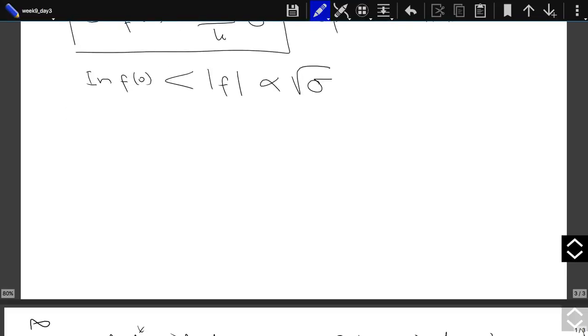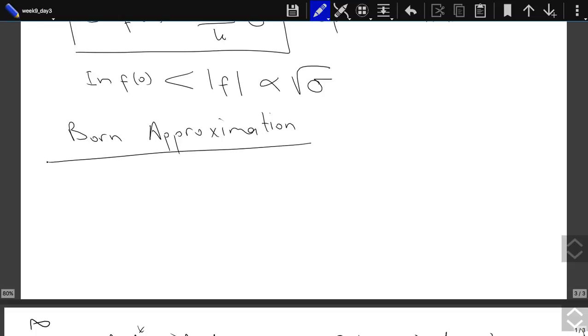Anyway, let's come to the Born approximation. Now let's go back to our initial problem. So what we had in mind was we had such a problem: minus h bar squared over 2m Laplacian plus V of r psi is equal to E psi.